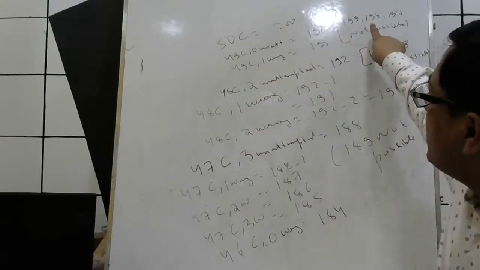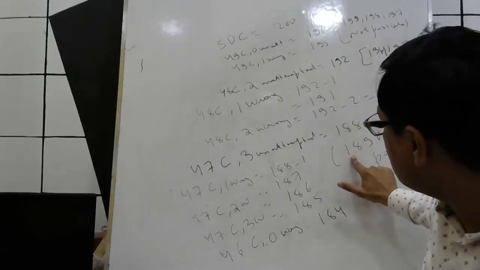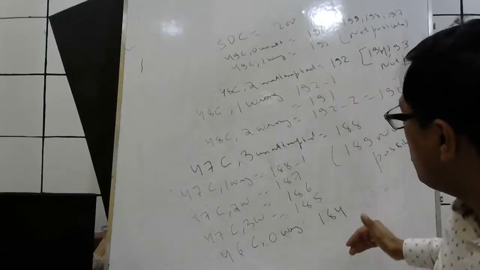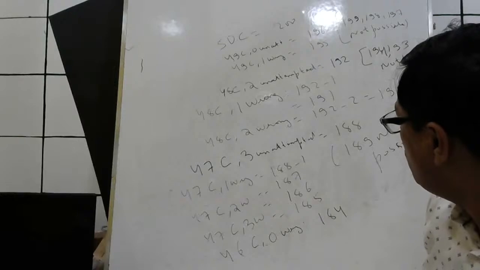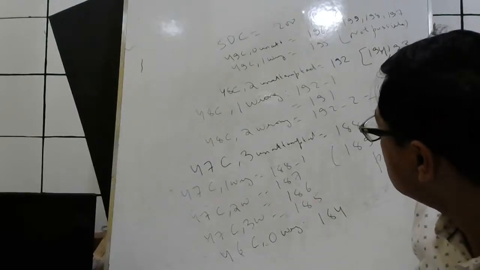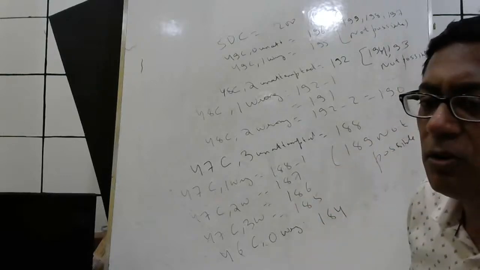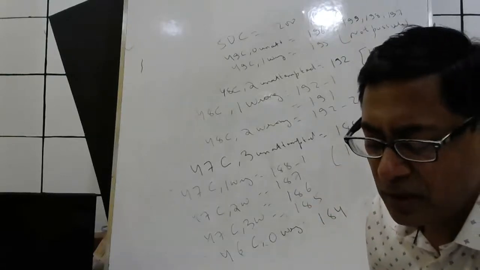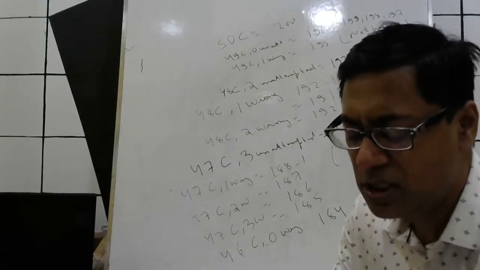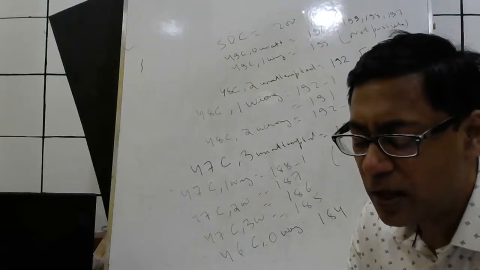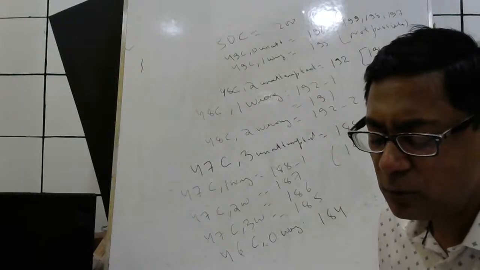So 199, 198, 197, 194, 193, 189. These are the numbers which are not possible. 188, 187, 186, 185, these are all possible. Now we are going to the first question. What is the minimum IQ score which cannot possibly be achieved? Let us look at the first option, 239.